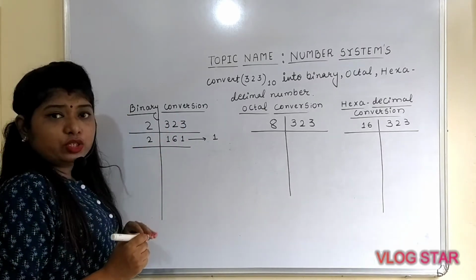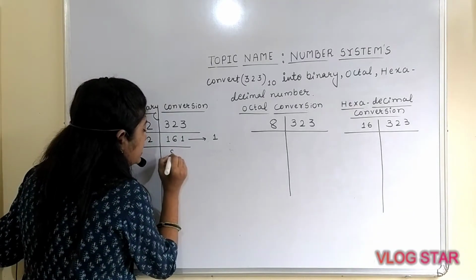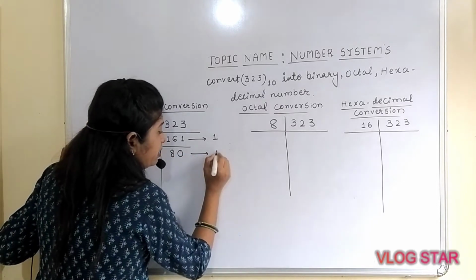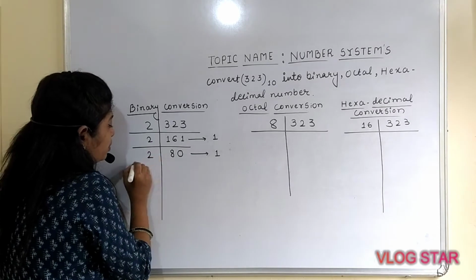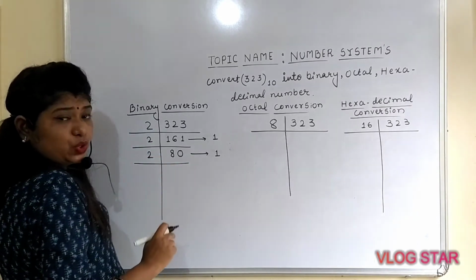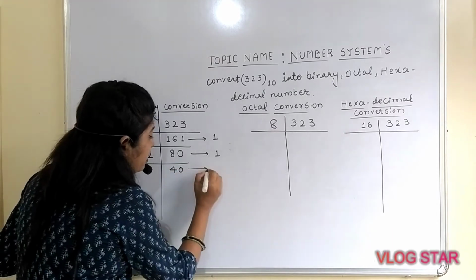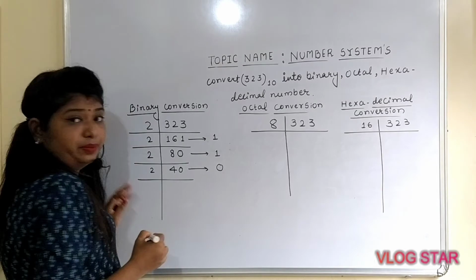So if you divide 161 by 2, you will get 2 8s are 16, then here 0, again you will get remainder as 1. Next again you have to divide 80 by 2. After division the quotient will be 40 and here you will get 0 as the remainder.